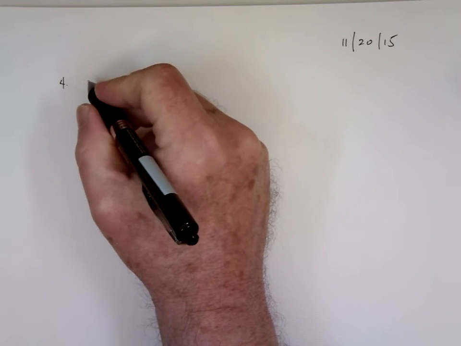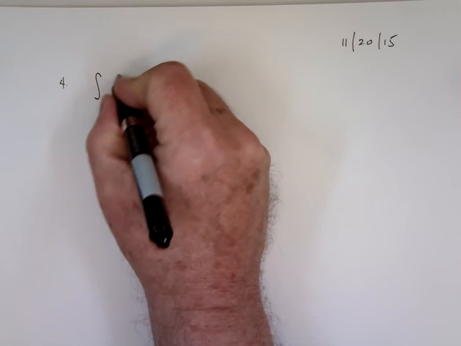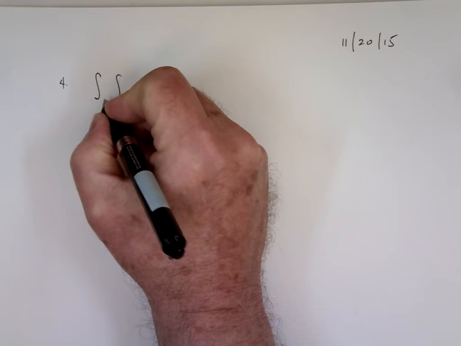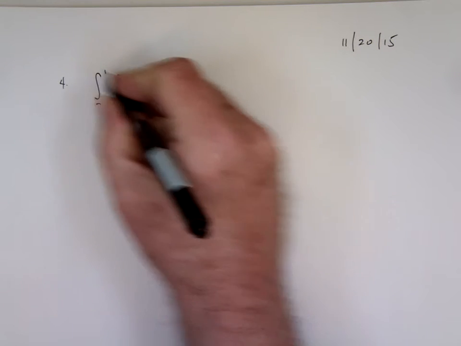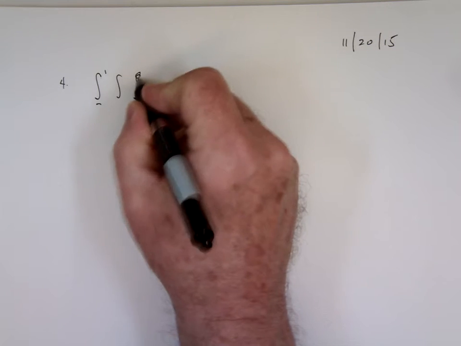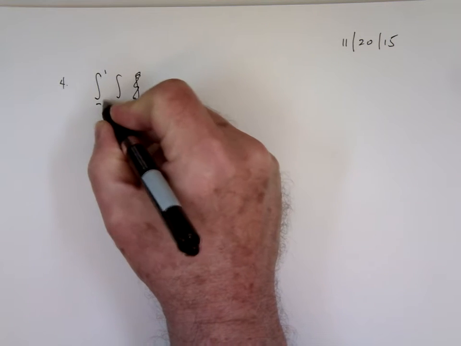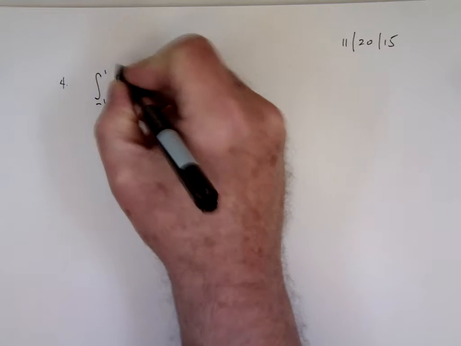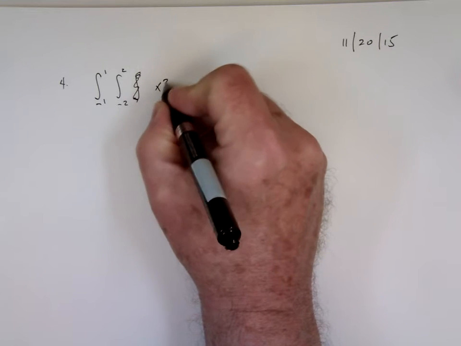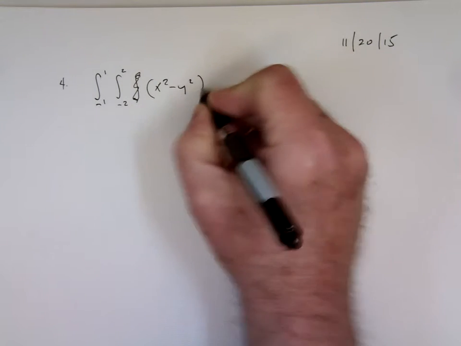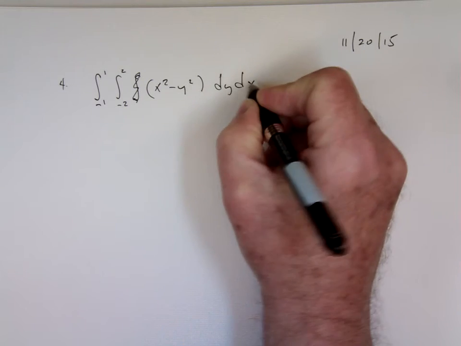This is from WebAssign. It's the double integral. It looks like -1 to 1 and -2 to 2, x squared minus y squared, dy dx. Is that it? Yep. Good deal.